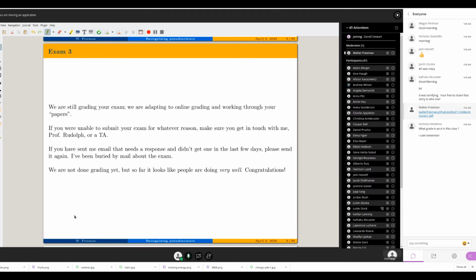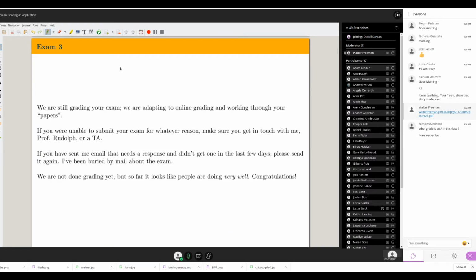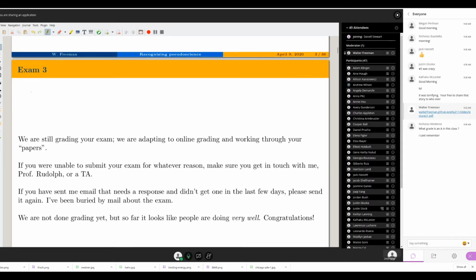So the grading scale, I'll just write it on this slide. An A, not an A minus, is an 88. An A minus is an 80. A B plus is a 75.